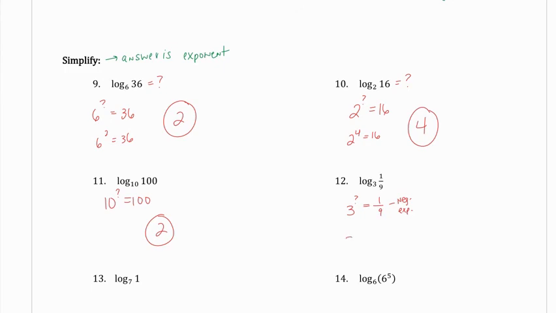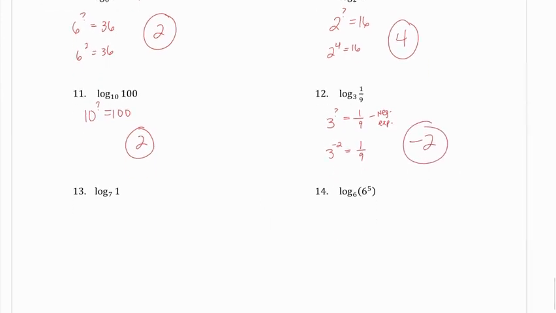So it'd be 3 to the negative second equals 1/9, which means our answer is -2. This one, we'd have 7 to what power equals 1? Well, the only way I can get 1 is if I make that exponent a 0. Anything to the 0 power is 1, so right into there, 0.